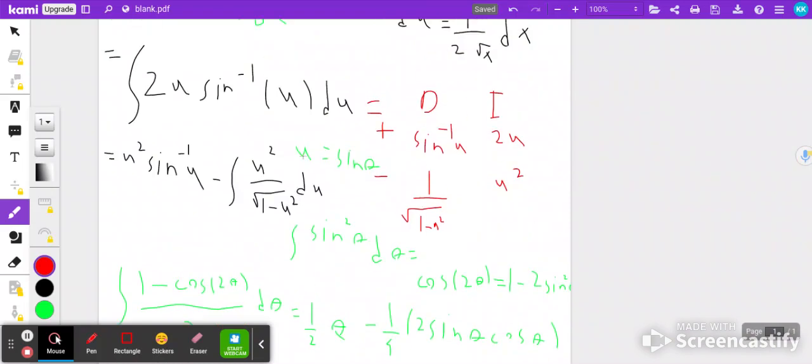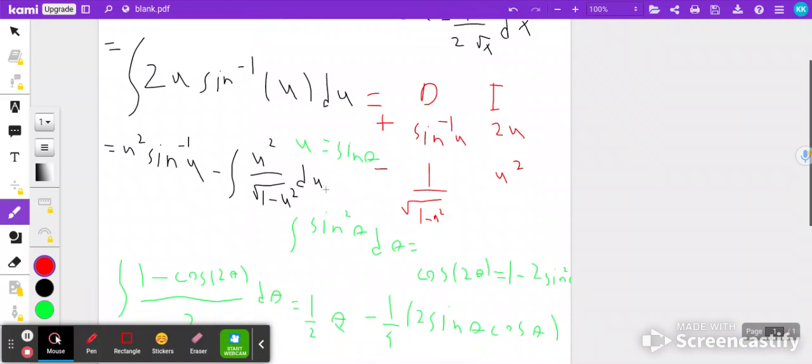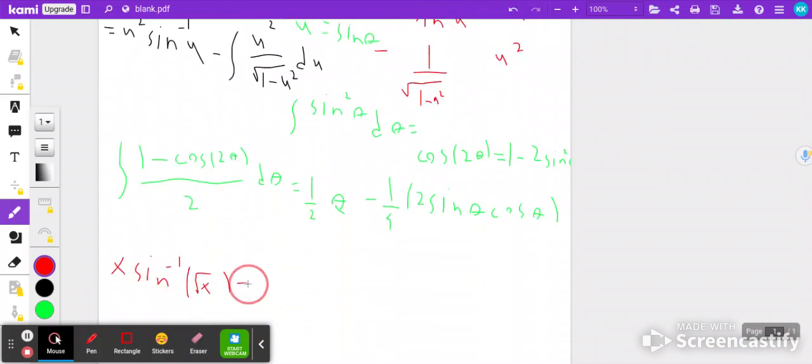If sine theta is equal to u, theta is inverse sine of u. So we basically get negative 1/2 inverse sine of u, or negative 1/2 inverse sine of square root of x.